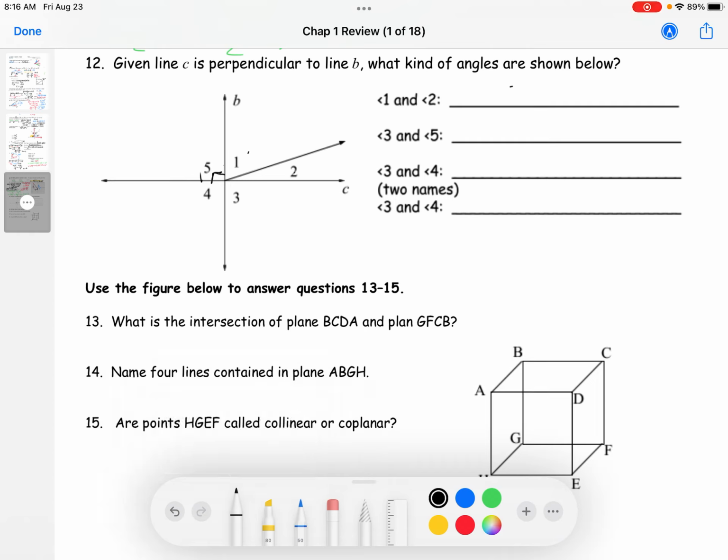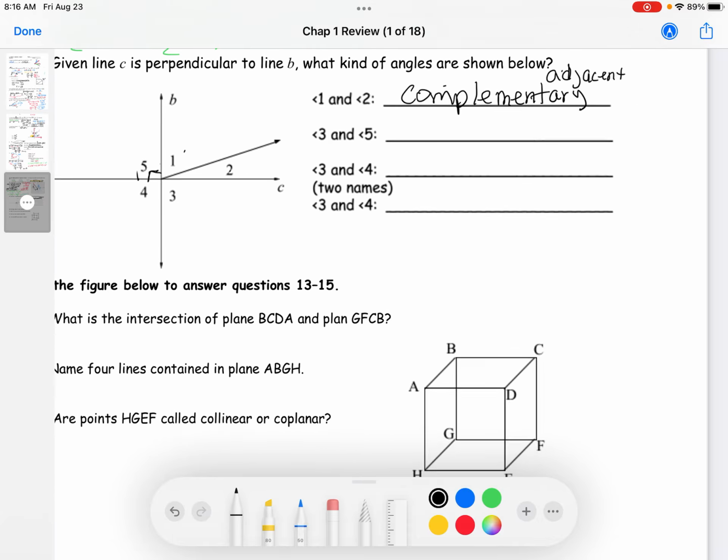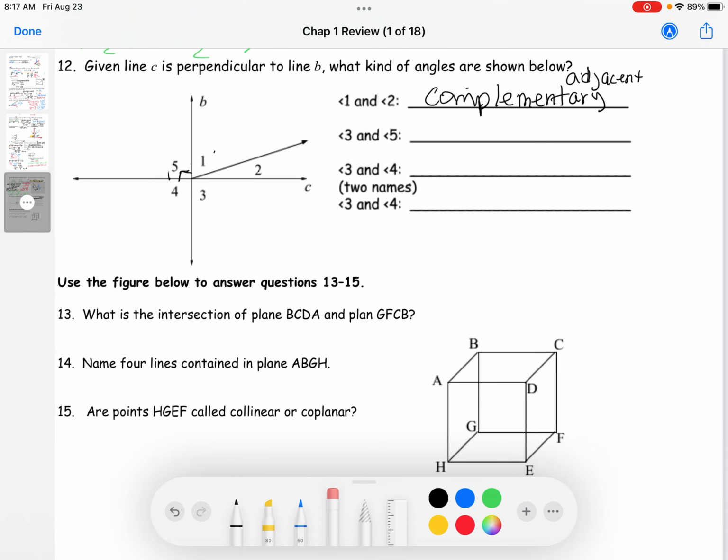Angle 1 and 2 are complementary because angle 1 plus angle 2 equals 90 degrees. And they're also adjacent. I'm going to have to write that above because I'm out of room here. Adjacent. Let me see if I can slide this over a little bit. Yeah, that helps a bit. So complementary and adjacent.